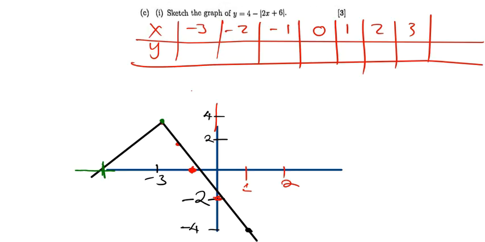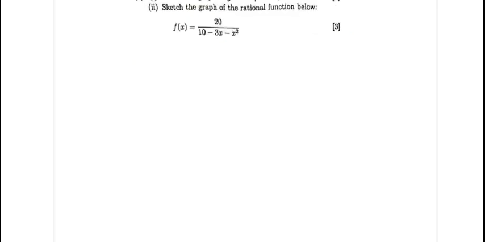Now let's try to look at the other questions where we try to sketch the rational function. Alright, so let's sketch a graph of this rational function. It's a fraction, so the function we have is f of x is equal to 20 over 10 minus 3x minus x squared.